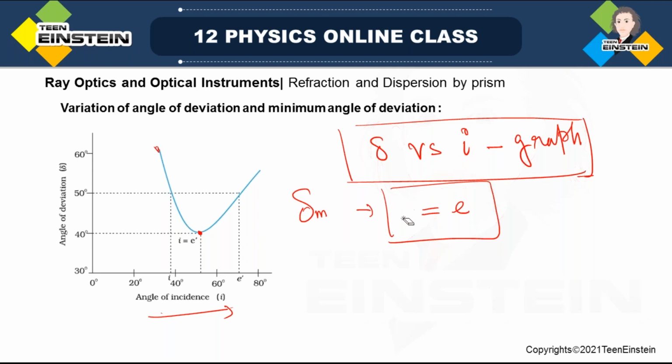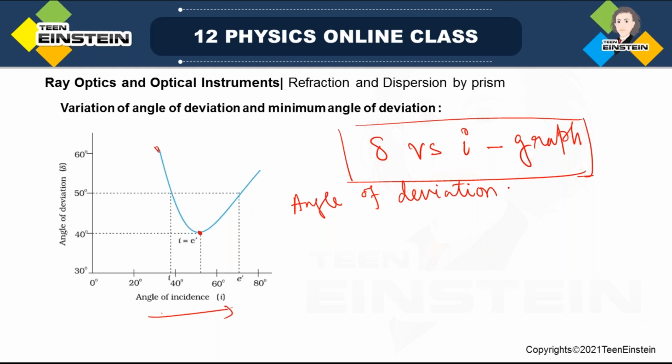So the angle of deviation becomes minimum at I equal to E, when the angle of incidence becomes equal to the angle of emergence.